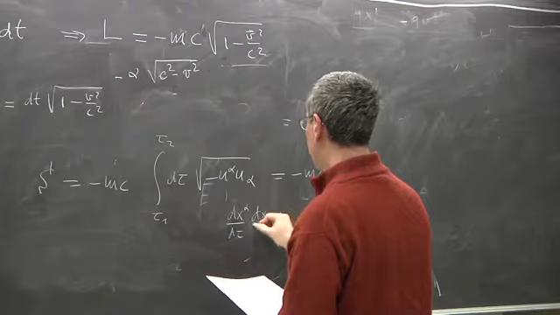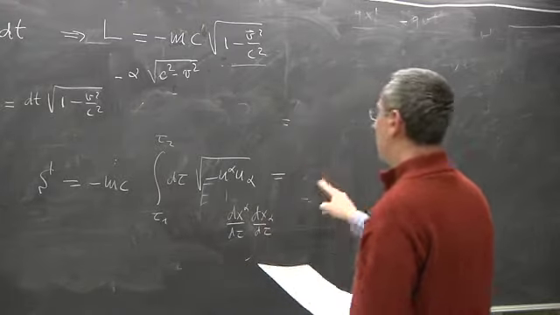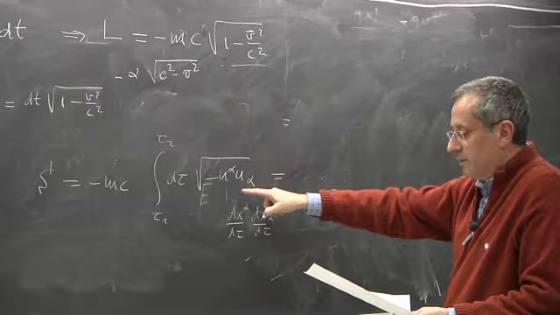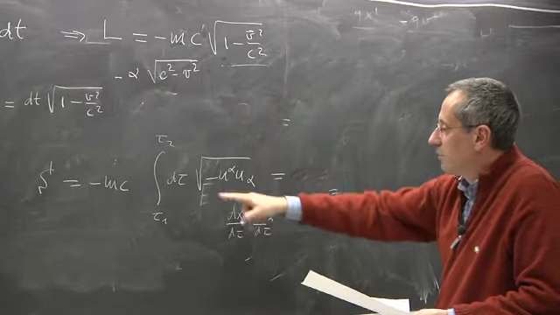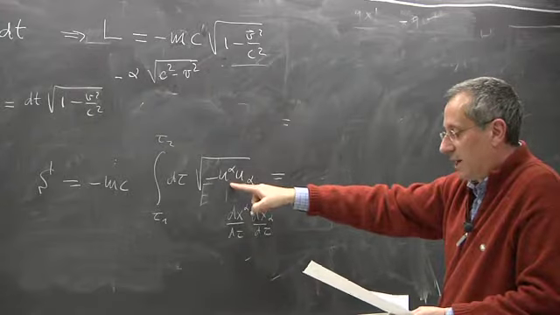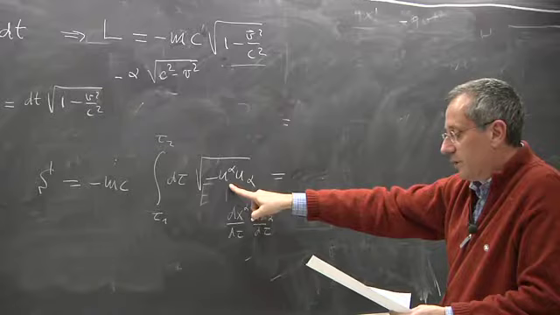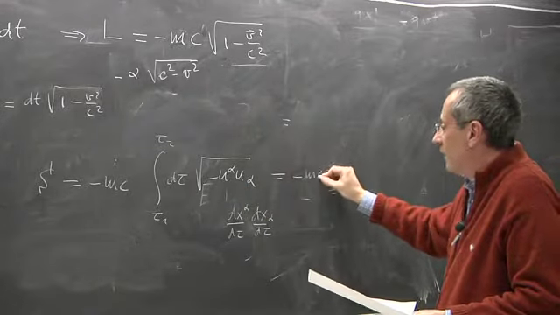So the d tau simplifies, and I get the square root of the dx. So this is minus mc.